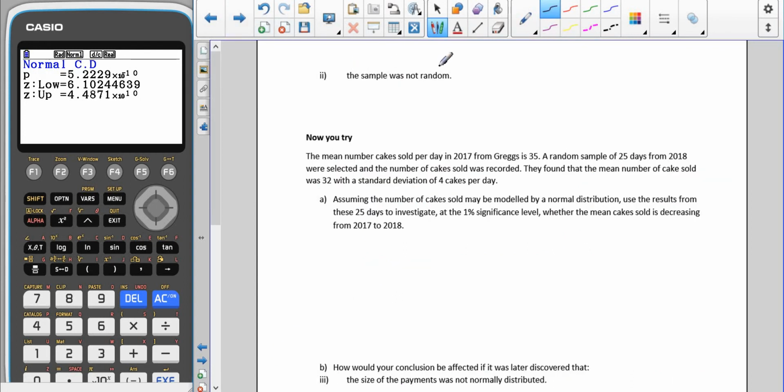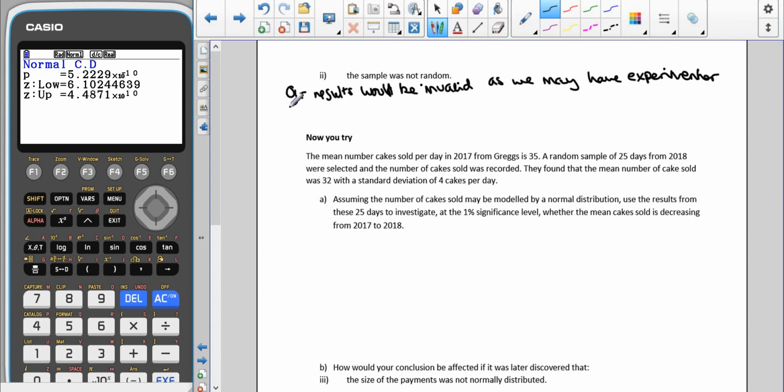So if the sample is not random, then this means that our results would be invalid, as we may have experimenter bias in our sample selected.